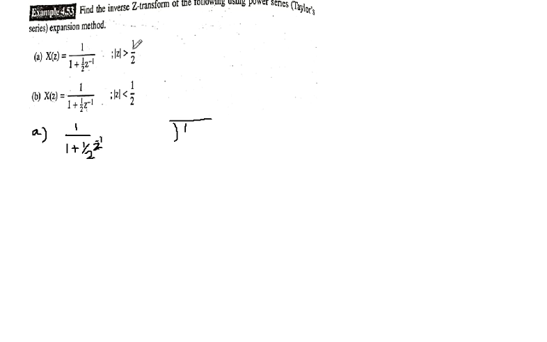As we are generating the right-handed sequences, means we'll be having the negative powers, because for right-handed sequence we have the Z transform expansion. Let's write it, n is equal to minus infinity to plus infinity, X of Z is equal to x of n into Z raised to minus n.